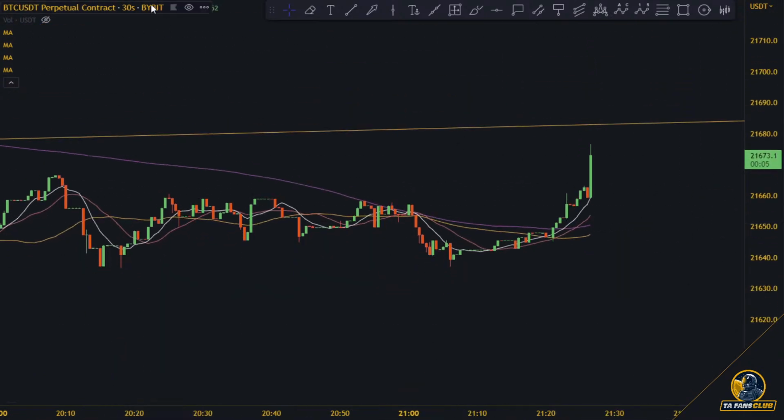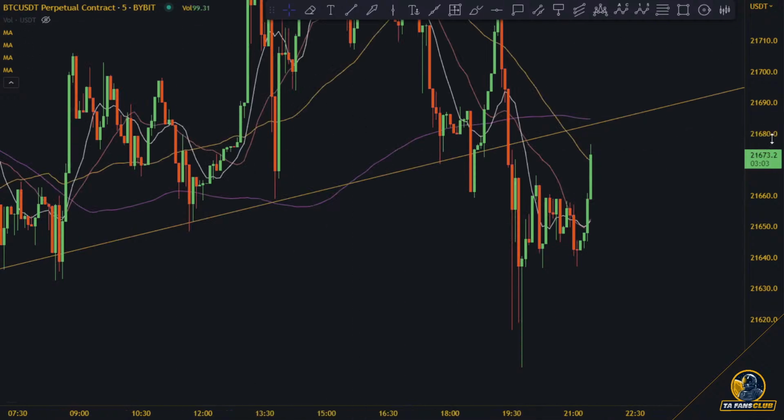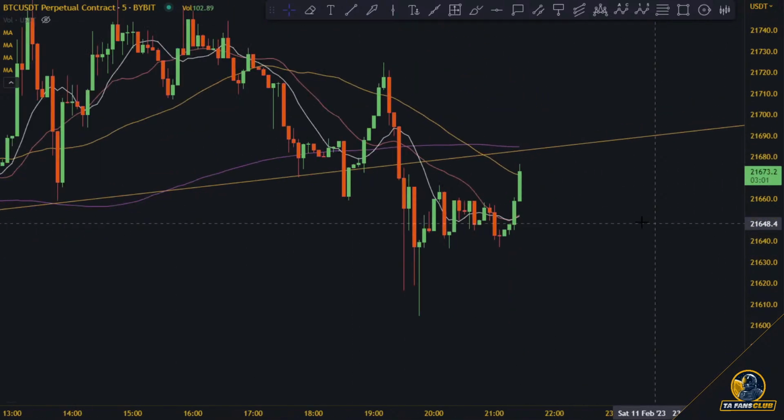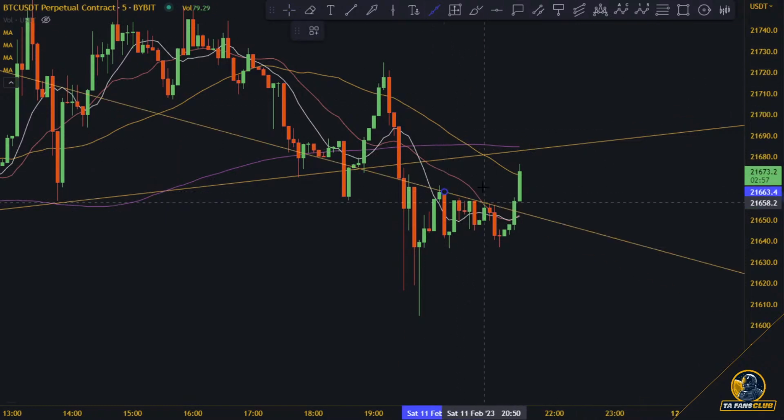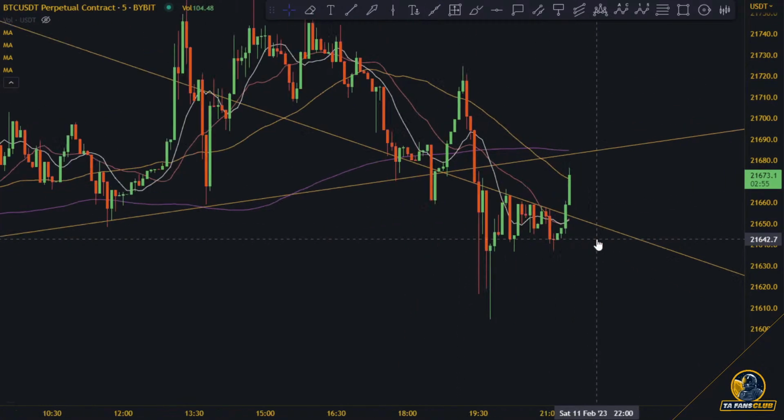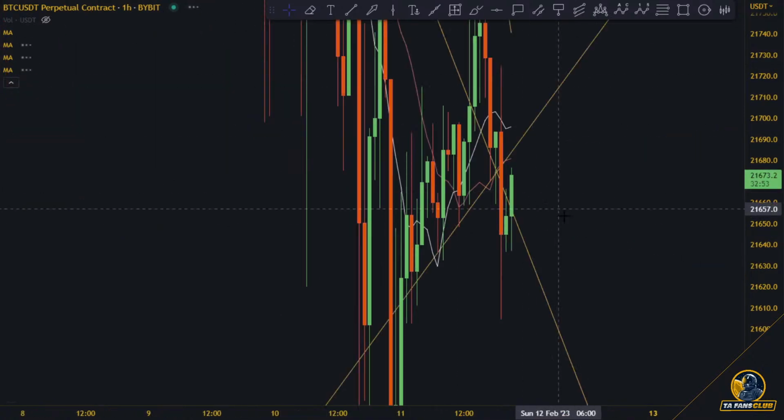Oh, that's why Bitcoin exploded. Very small time frames.